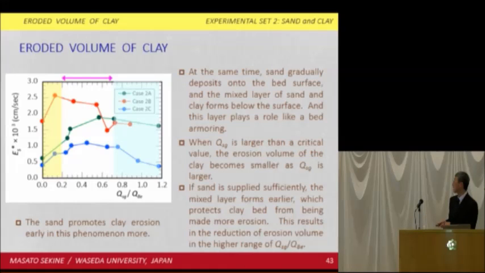When QS is larger than a critical range, in the light blue portion, erosion volume of the clay becomes smaller. If sand is supplied sufficiently, the mixed layer forms earlier, which protects the clay bed from further erosion. This results in the reduction of erosion volume.